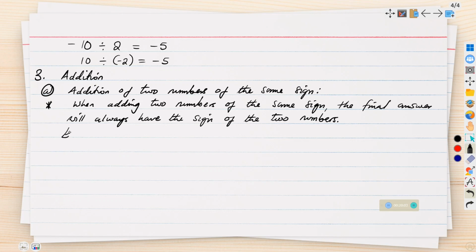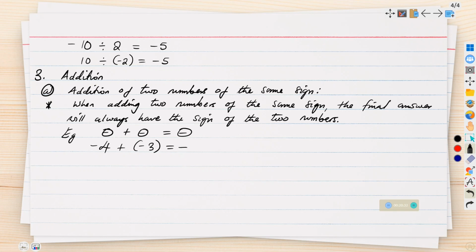E.g., if you have a number which is negative then you are adding it to another number which is negative, the final answer will be always negative. Okay, like e.g., if you have negative 4, then you say plus negative 3, the final answer will be always negative.